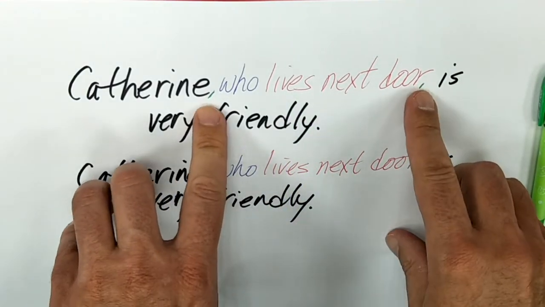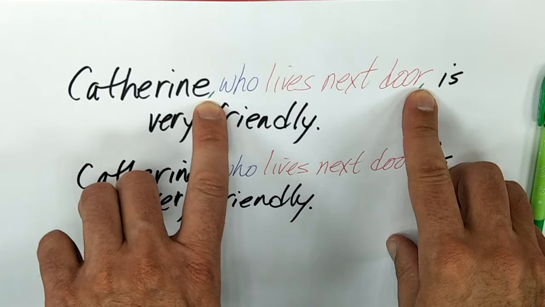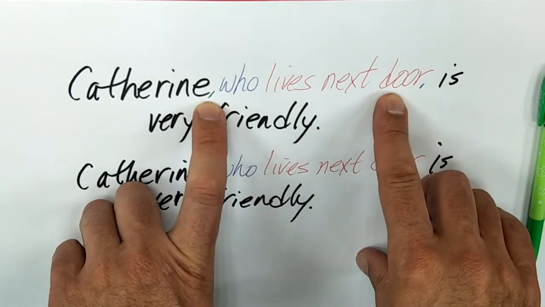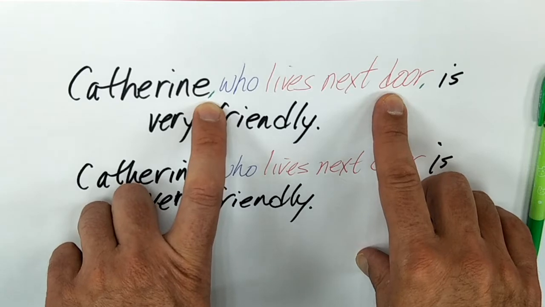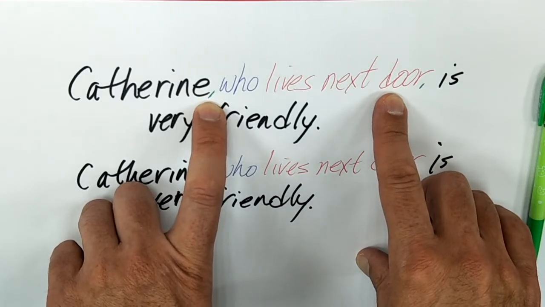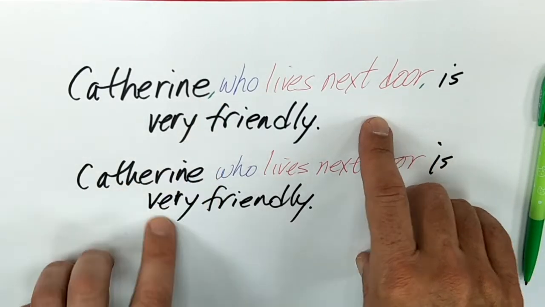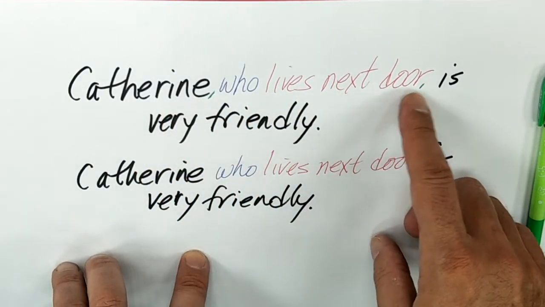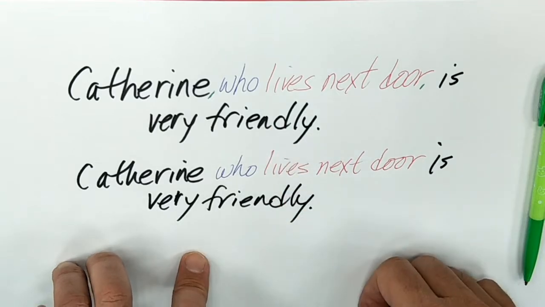Don't forget, you need two commas. Again, if you think that who lives next door is not important to understand the sentence, then use commas. Catherine, who lives next door, is very friendly.